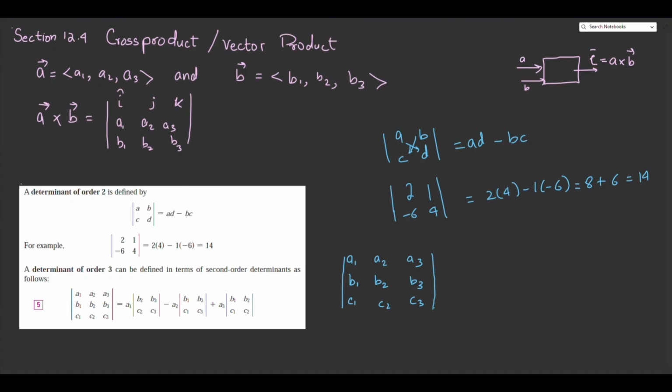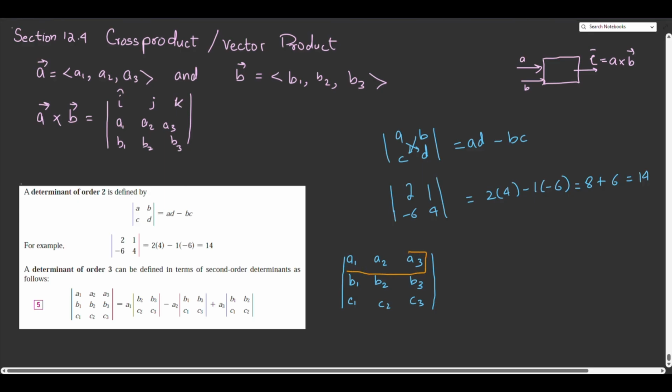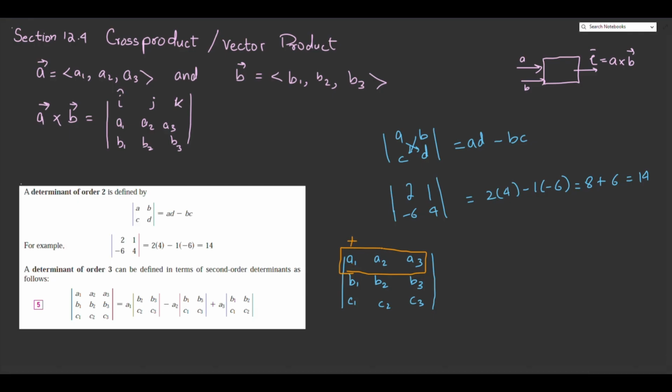Remember, these are called the rows. You can say this is our row number 1. Here you have to put the plus sign, minus sign, and then the plus sign.